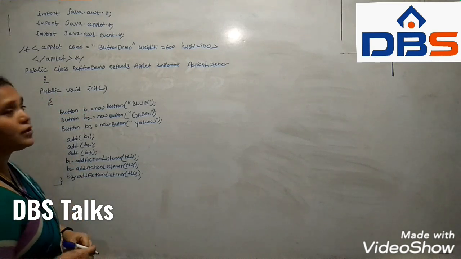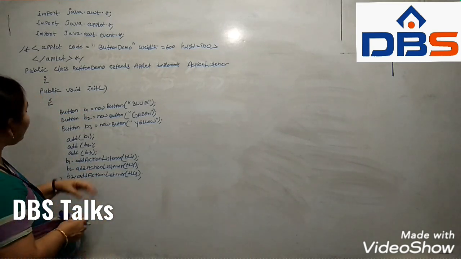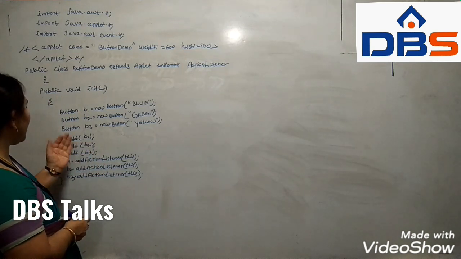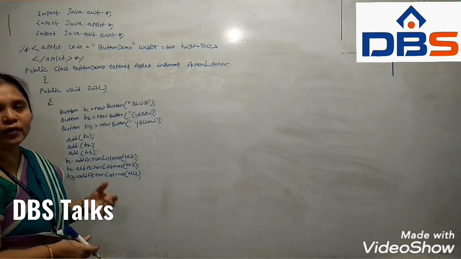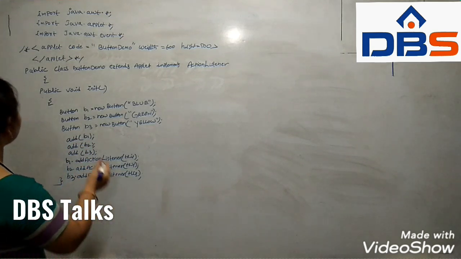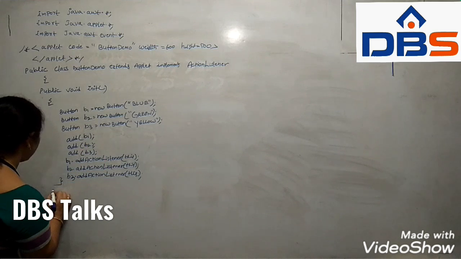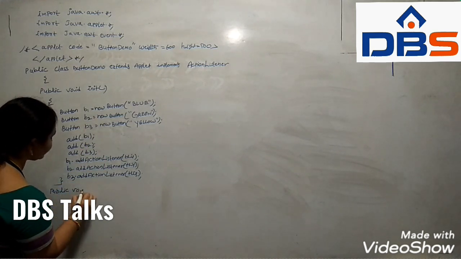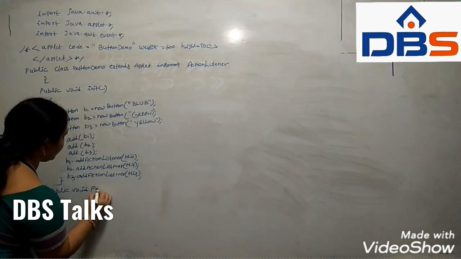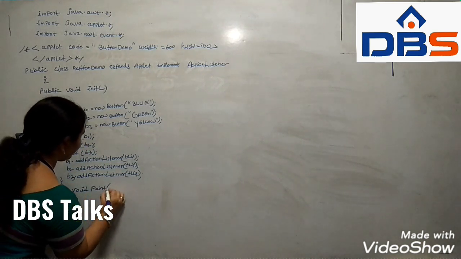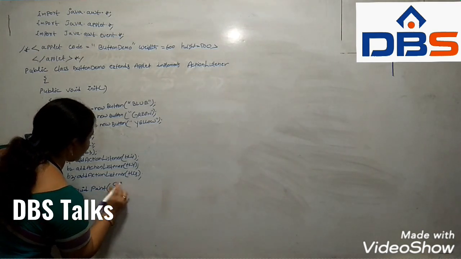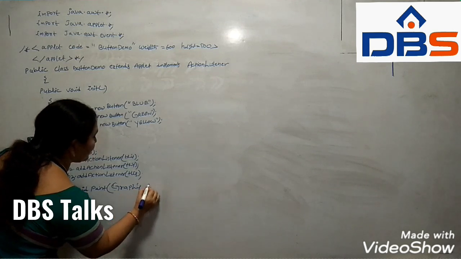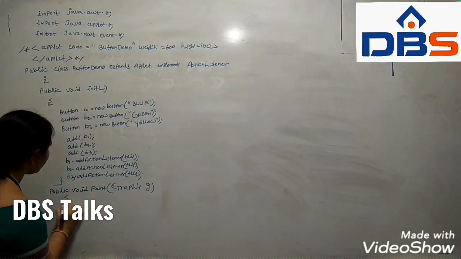What method are we using next, ma'am? We want to check whether these objects are added to the applet or not. Here we are using another method, that is public void paint method, with Graphics g. Open this method.